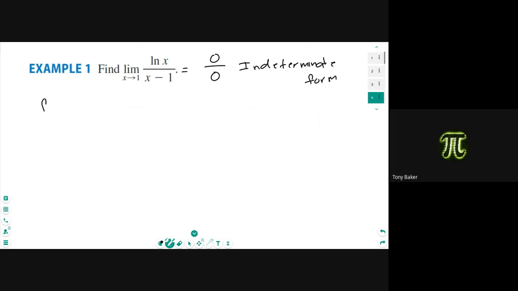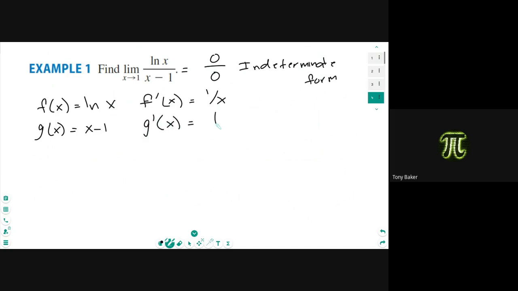So we're going to make f of x is ln of x. So what's f prime of x? What's the derivative of ln of x? 1 over x. And g of x is x minus 1. So what's the derivative of x minus 1? This is 1. So now I'm going to find the limit as x goes to 1 of 1 over x over 1, which is 1.